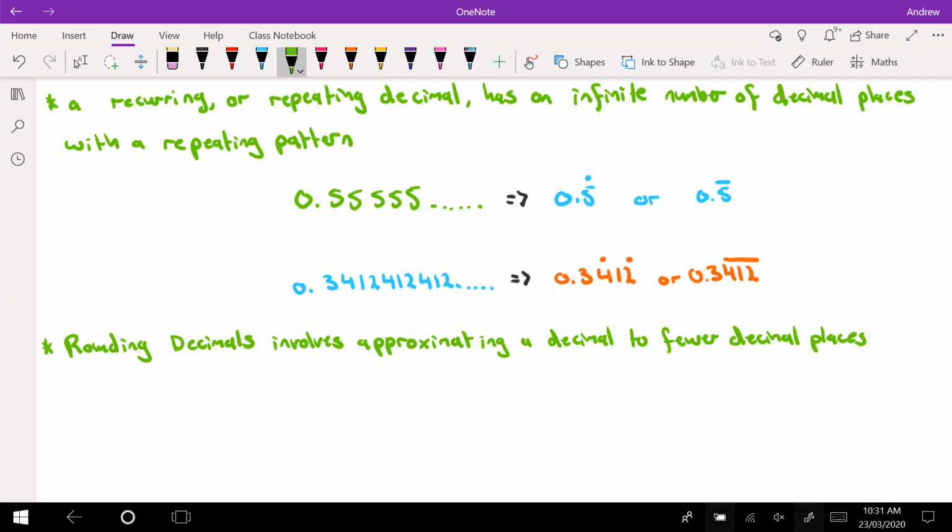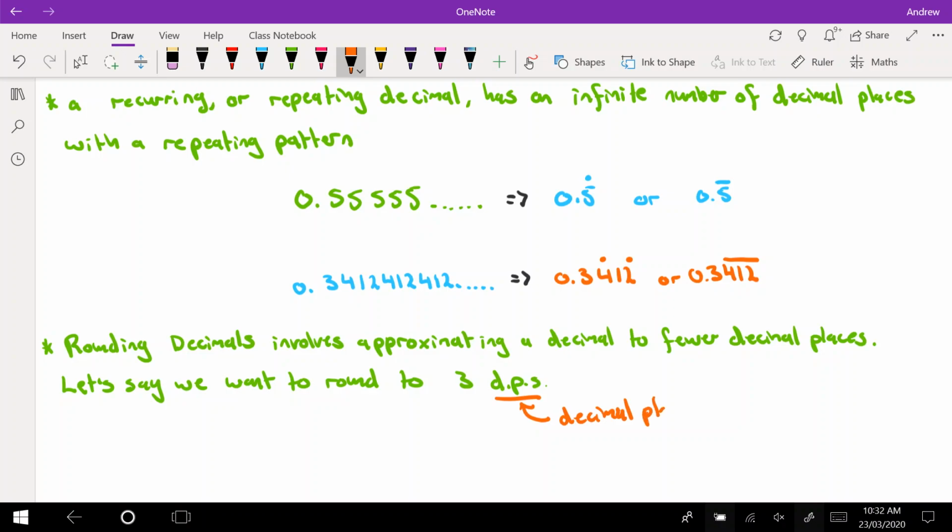Rounding decimals involves approximating a decimal to fewer decimal places. Let's say we want to round to 3 DPs. When I say that, I just mean decimal places. Just be aware of what we're talking about here.